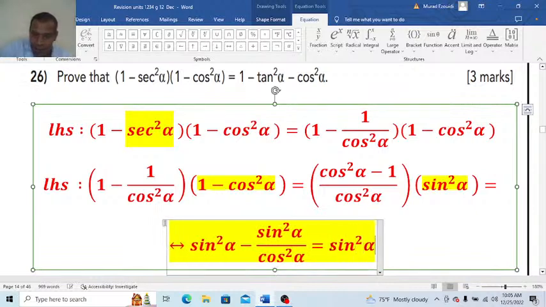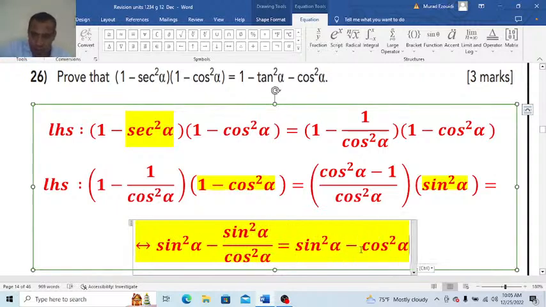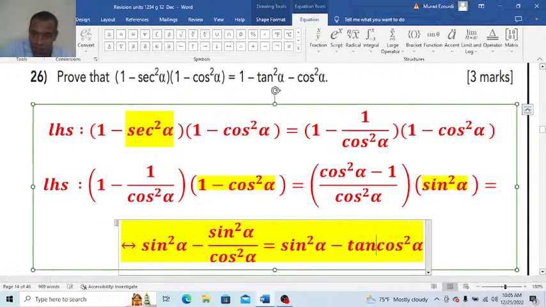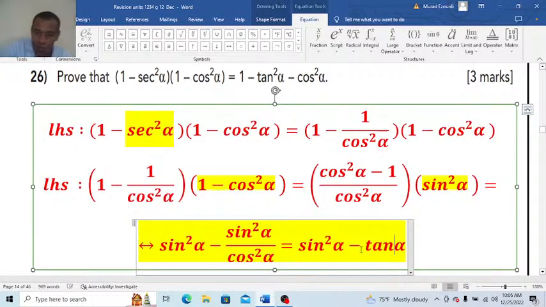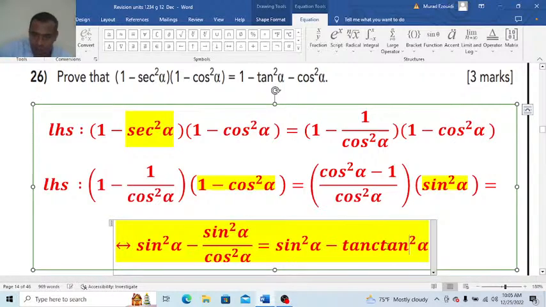Minus tangent square. Tangent square of what? Of alpha.